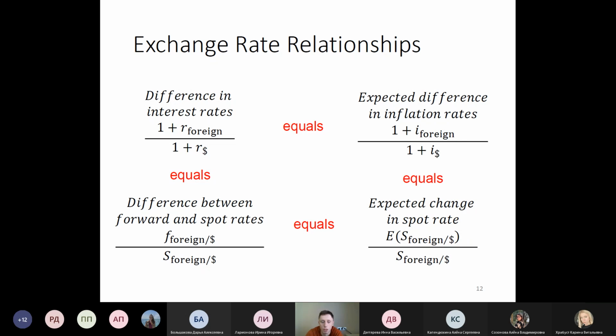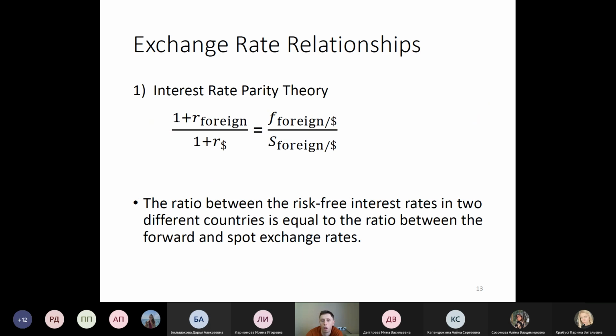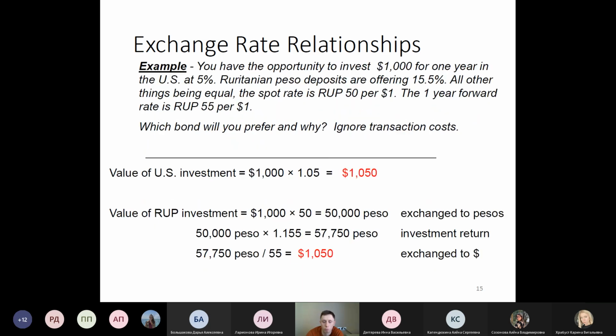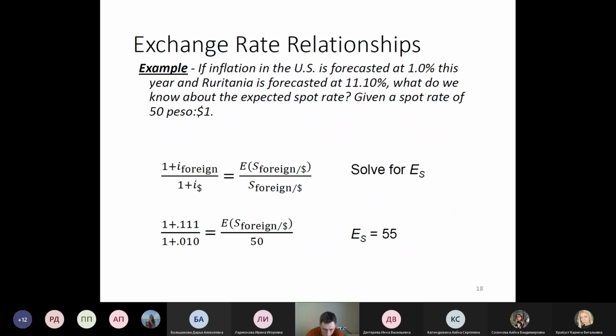We have interest rate parity, we have the interest rate, we have inflation, we have the spot exchange rate, so it's the exchange rate at the moment, and we have a forward exchange rate. And they have parity with each other, which is presented on this slide, and in the rest of the lecture we discussed each of those parities in more detail.